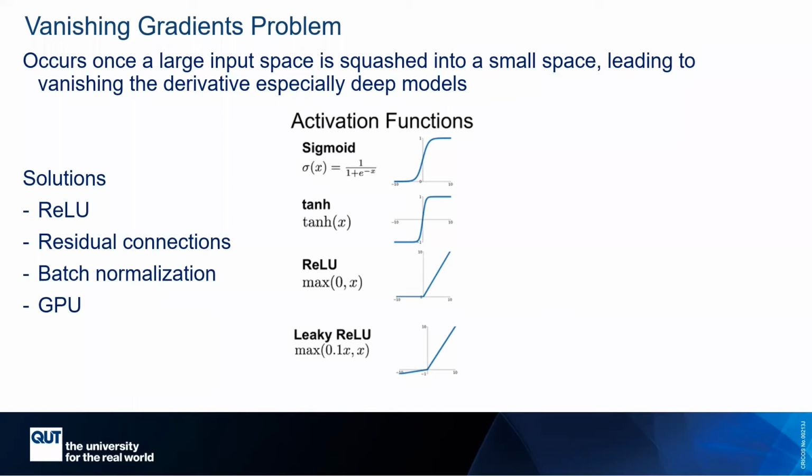In order to deal with that, rectified linear unit solves the problem by taking values from 0 to infinity, and Leaky ReLU also takes values from -1. So this helps in avoiding the vanishing problem. ReLU is one of the good techniques, and most recent models use rectified linear units to deal with that.